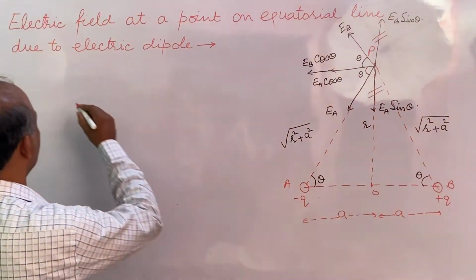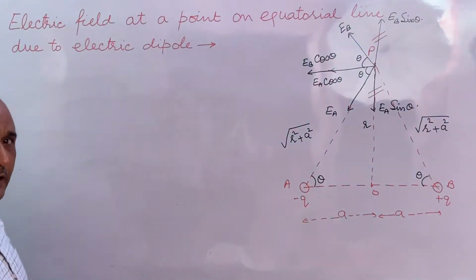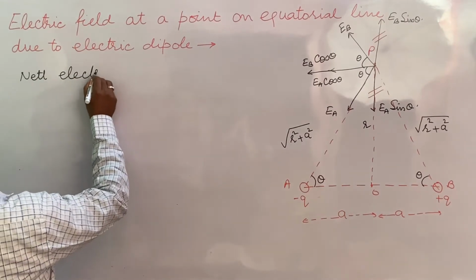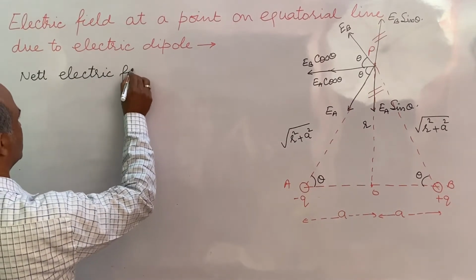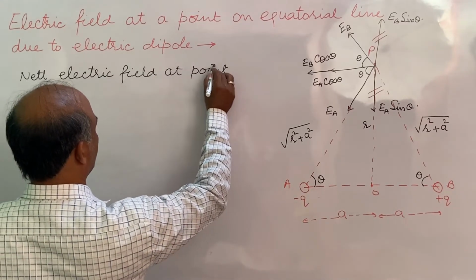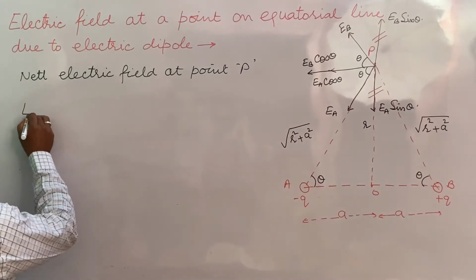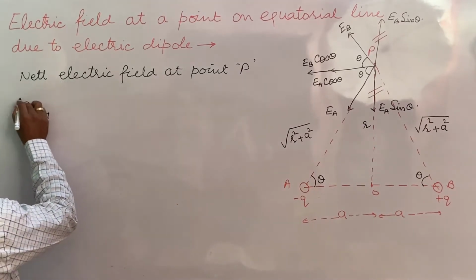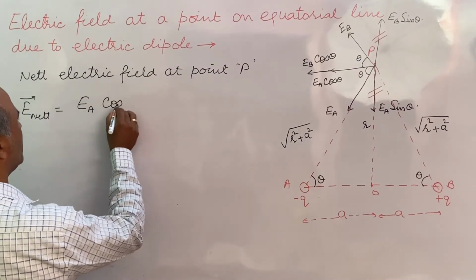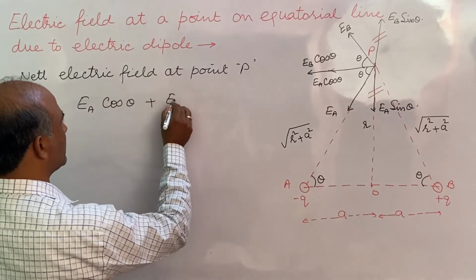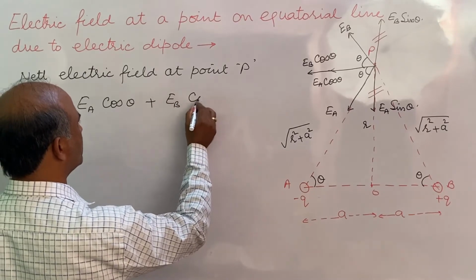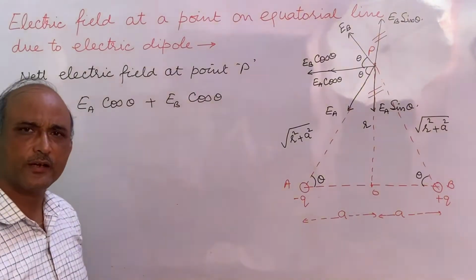So net electric field at point P, E net, will be EA cos theta plus EB cos theta. Is it clear?